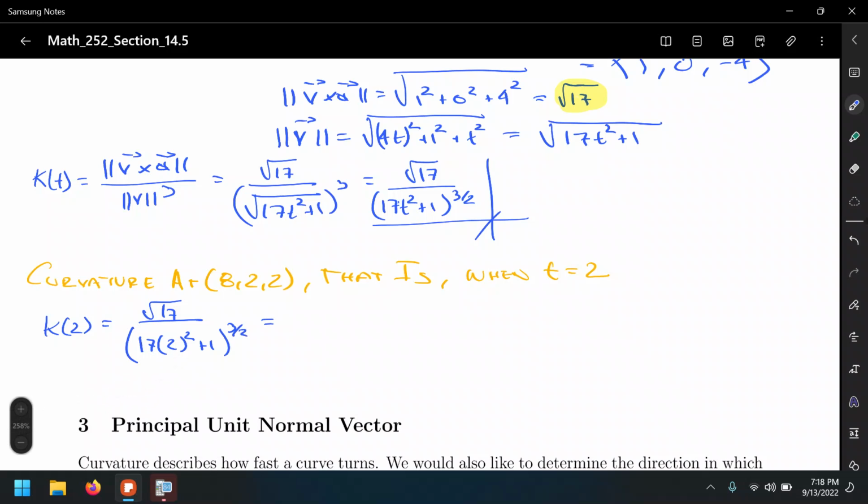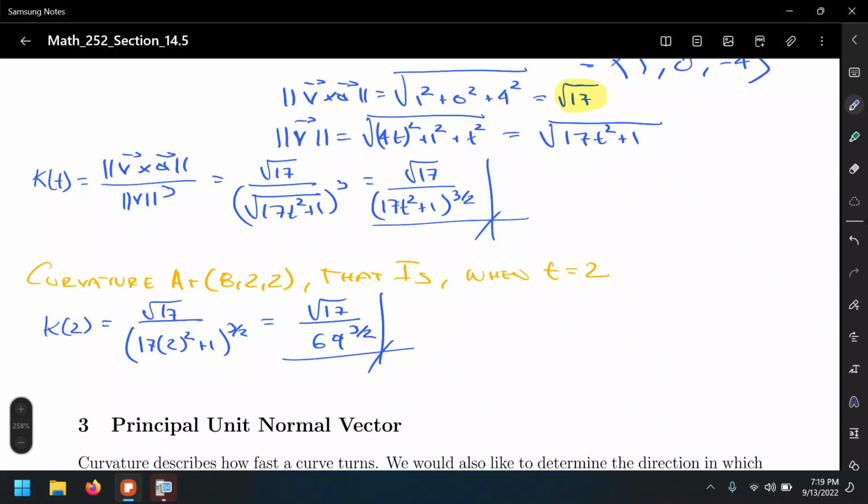Okay, let's compute this. 2 squared is 4. 17 times 4 is 68, and plus 1, that's 69 to the 3/2. We can leave it like this, unless otherwise specified to approximate it to 2 or 3 decimals, but most of the time we're going to leave it in exact form. So this is fine.